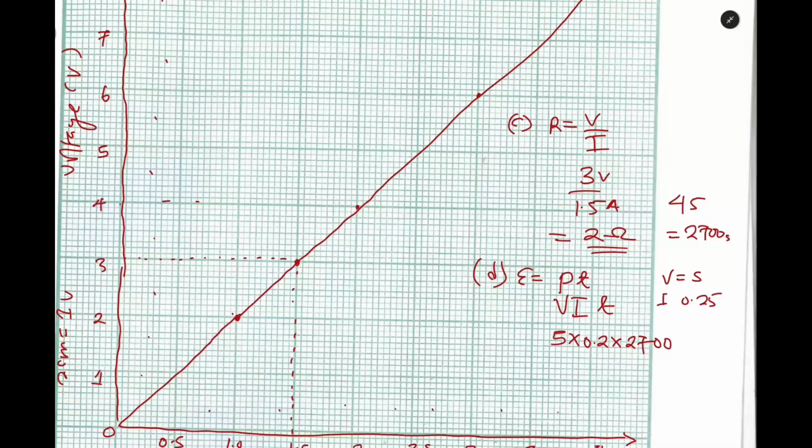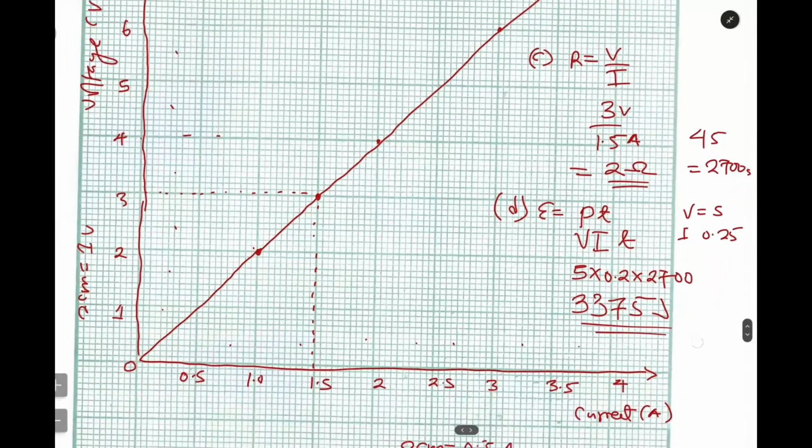In this case, we are going to have 3,375. What are we calculating? Energy, in joules. Okay, that is what we are going to have.